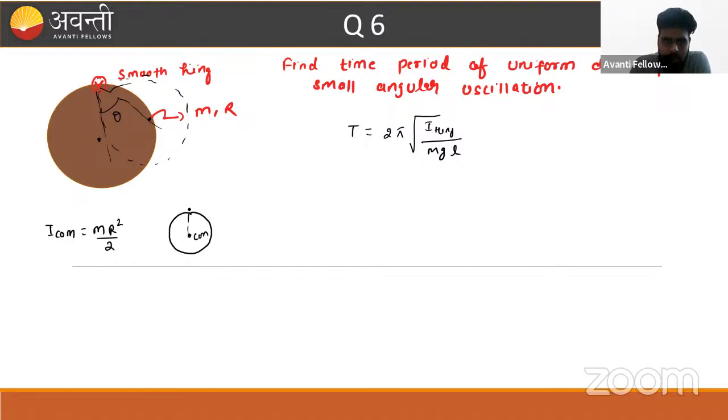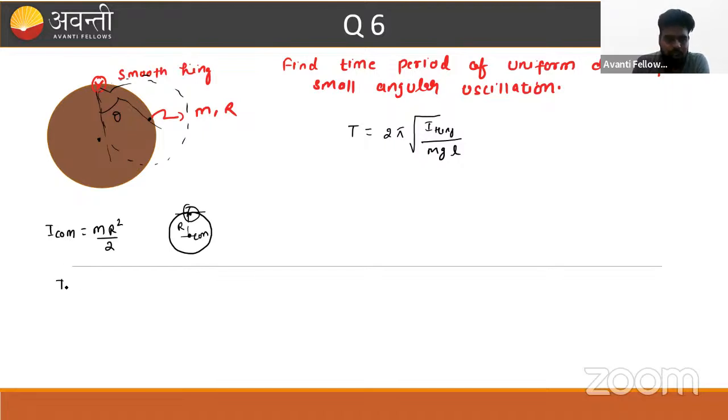To find the moment of inertia about this point, we have to apply the parallel axis theorem. The two parallel axes are separated by a distance r, the radius of the disk.